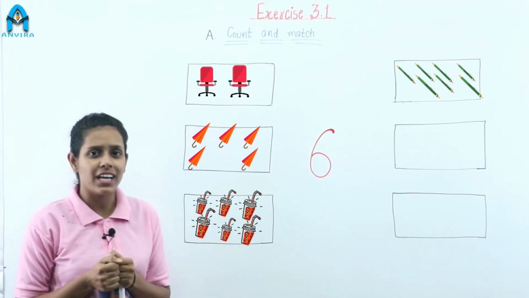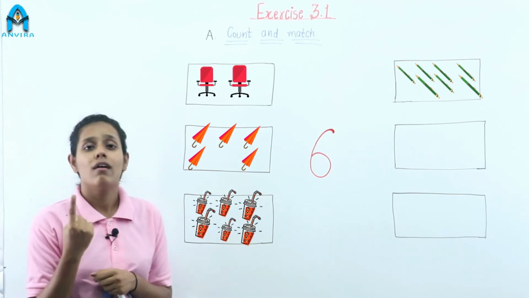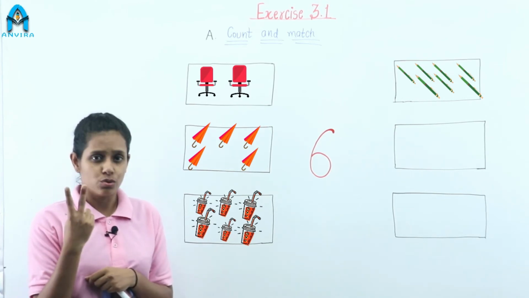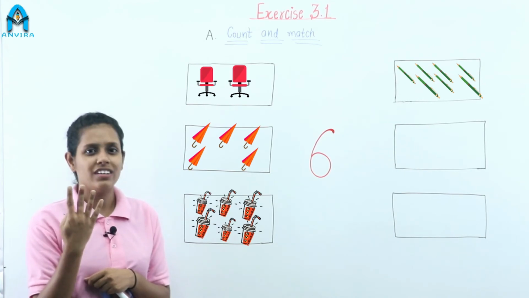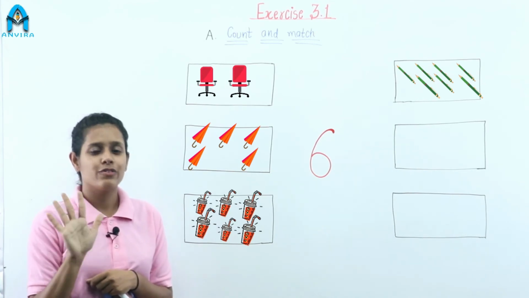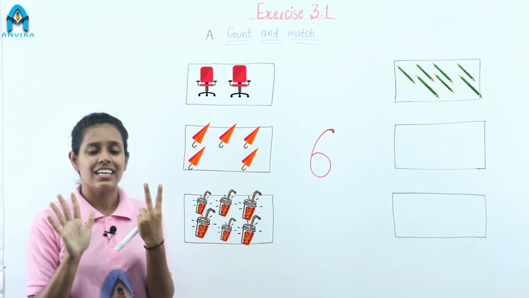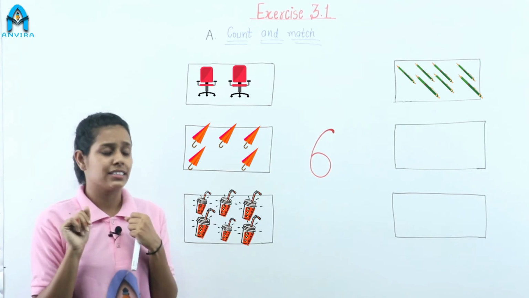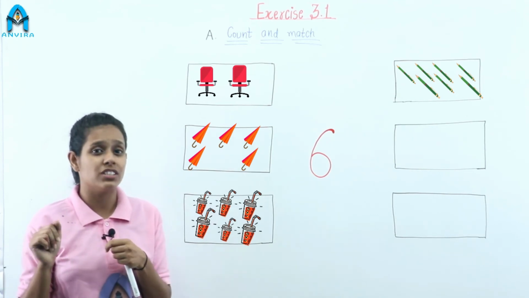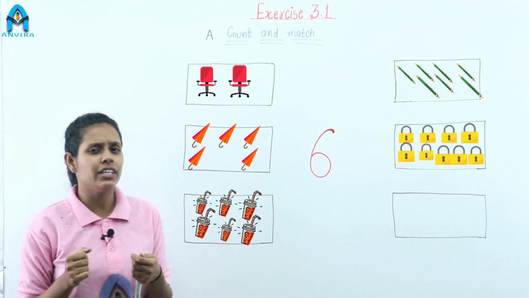Now, look at the next object. Pans. How many pans? Let's count. 1, 2, 3, 4, 5, 6 and 7. 7 pans. Now, look at the next picture. Logs. How many logs?